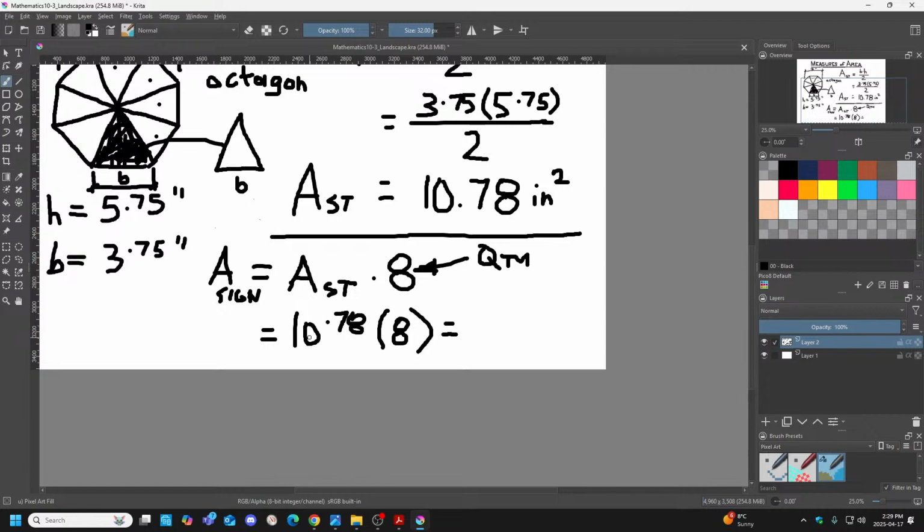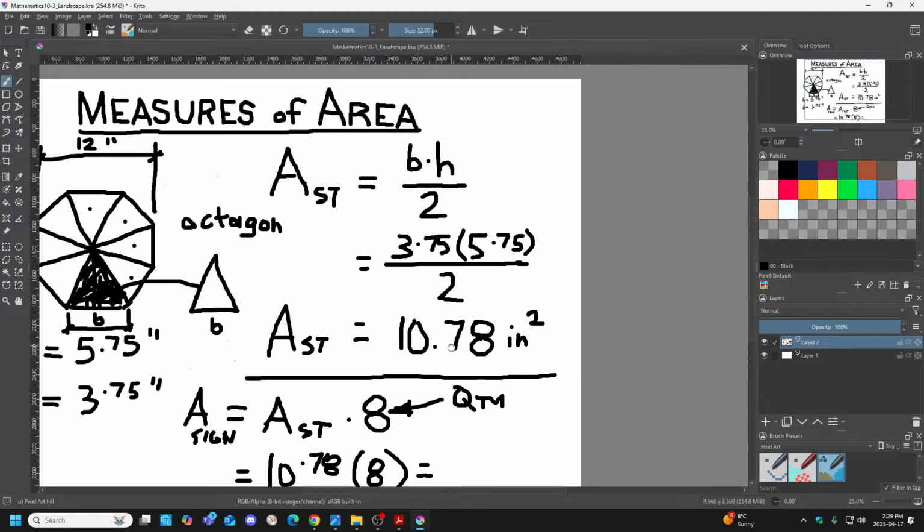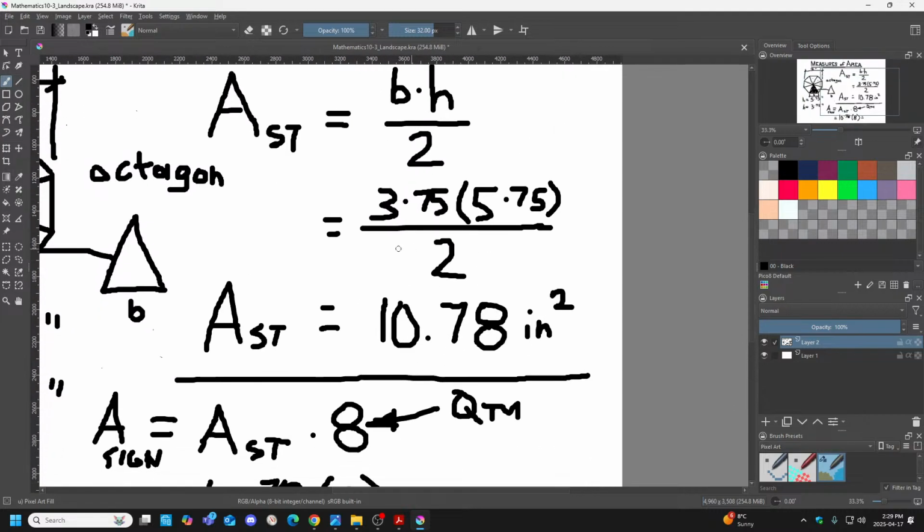So now we have a logical estimated final answer in our head. We should be somewhere above 80. Actually, I want to make sure, because I kind of erased my value.